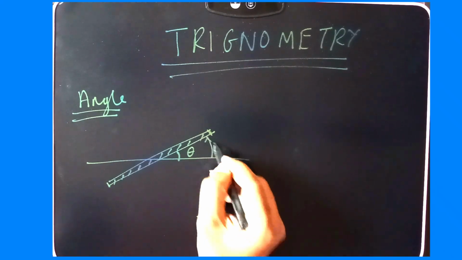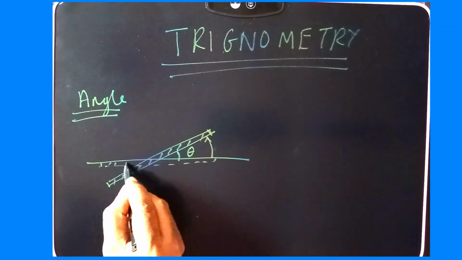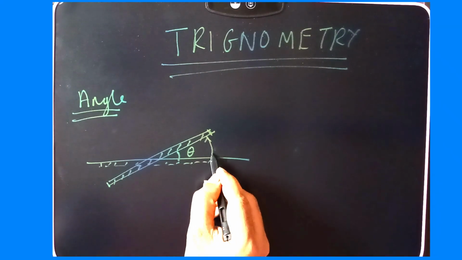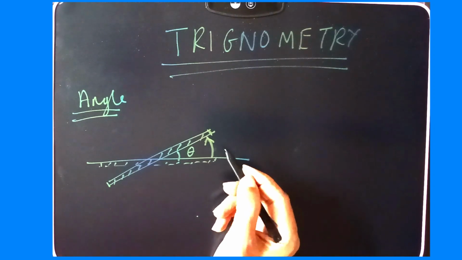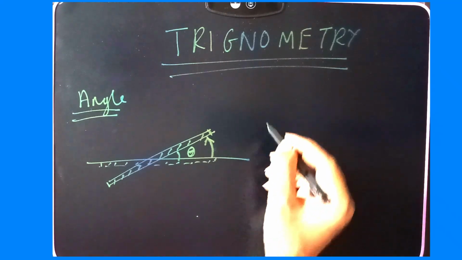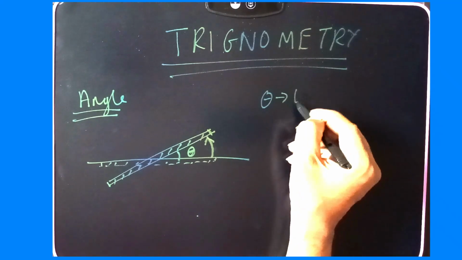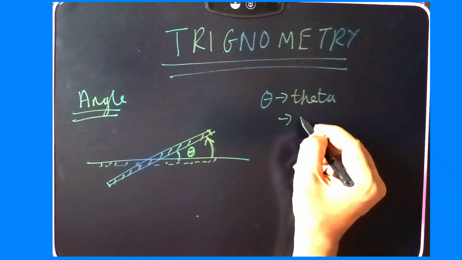It was stationary first, it was here, it moved at an angle theta. So this angle here is called theta, not cheetah, theta.